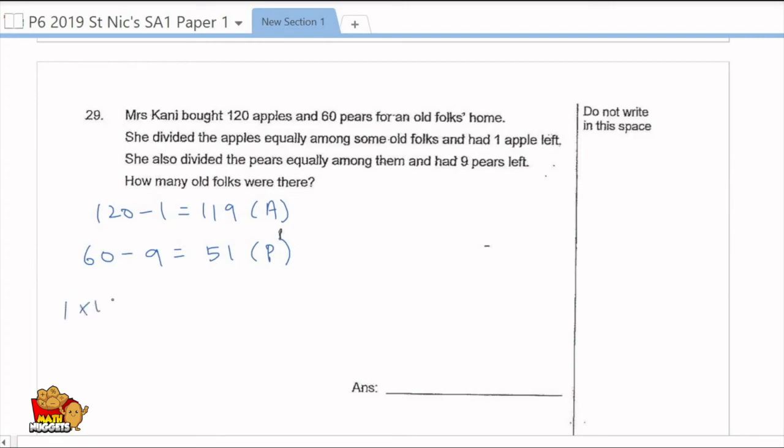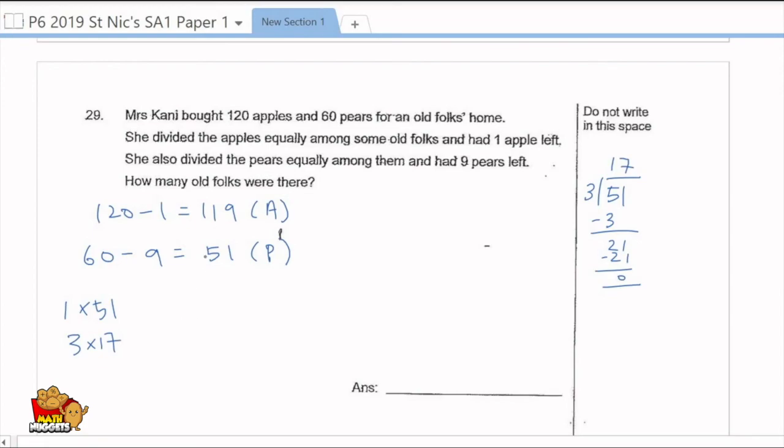It would be 1 times 51, 3 times 17. Can we divide 51 by 3? Yes, we can. It is 17. So 3 times 17.